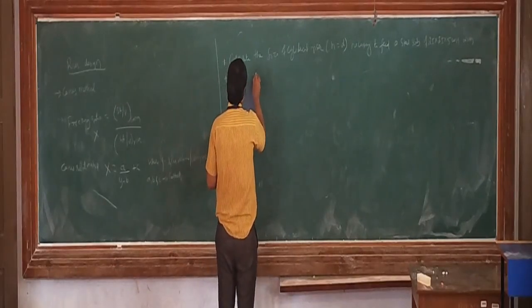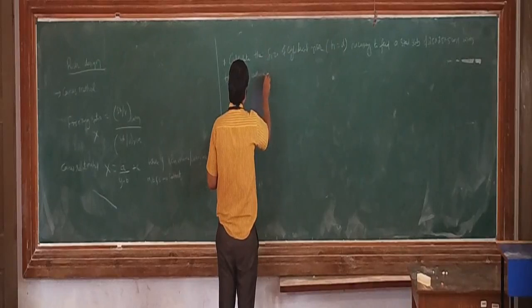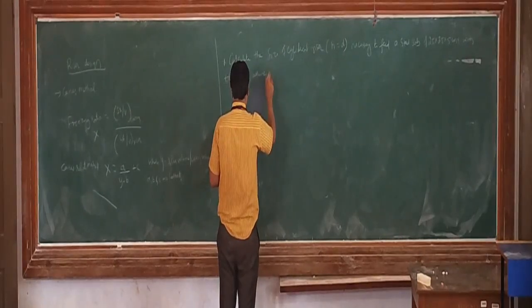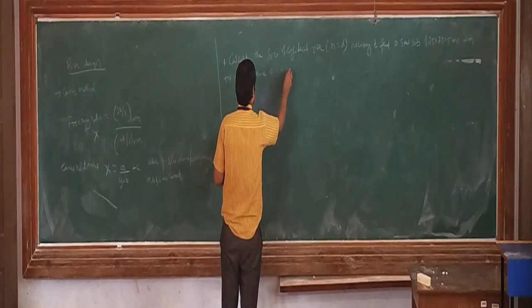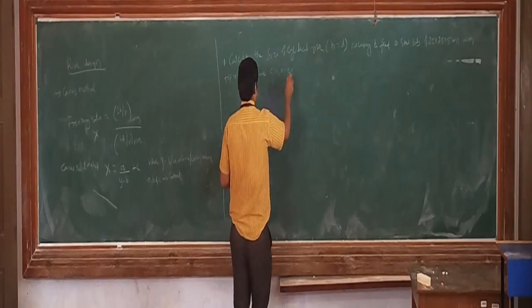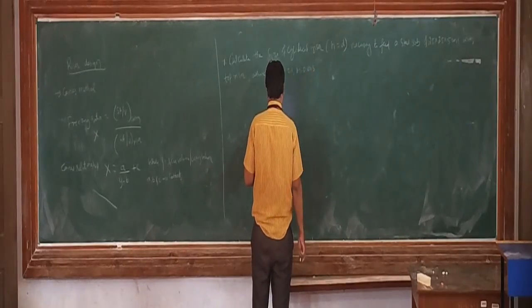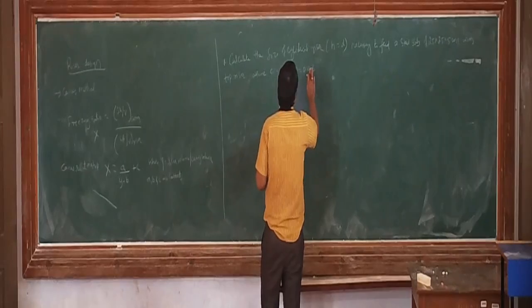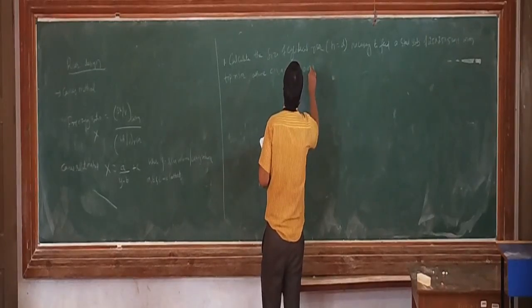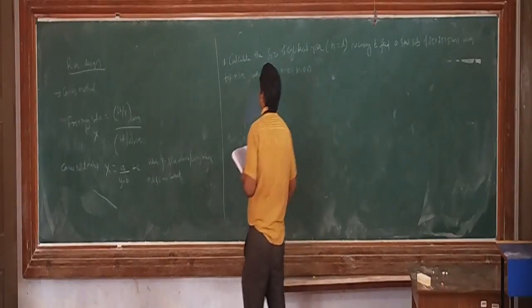Assume C is equal to 1, A is equal to 0.1, B is equal to 0.03. Solution.